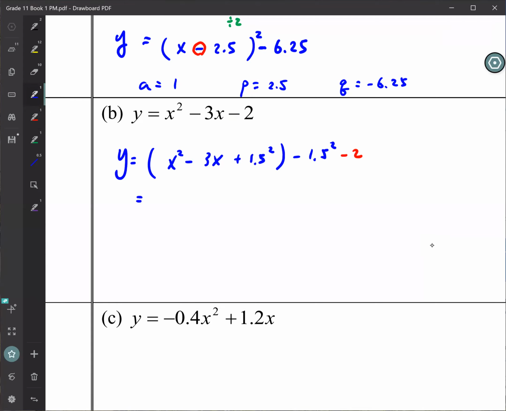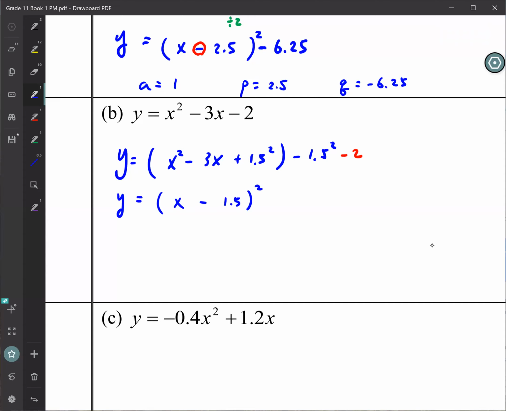How do you write out the result? Jiawen? Y equals bracket x minus 1.5 squared bracket squared minus 5.